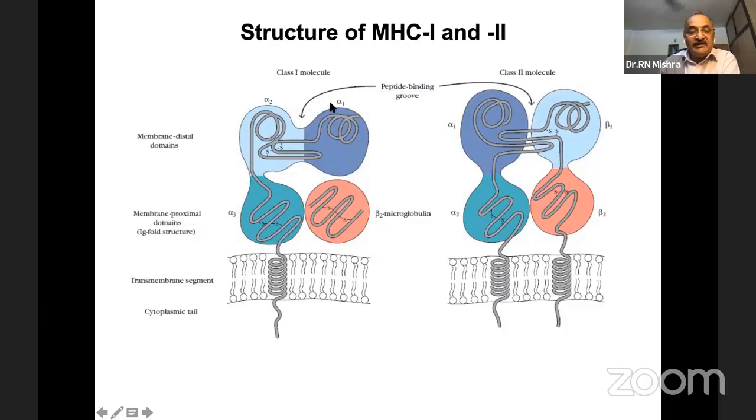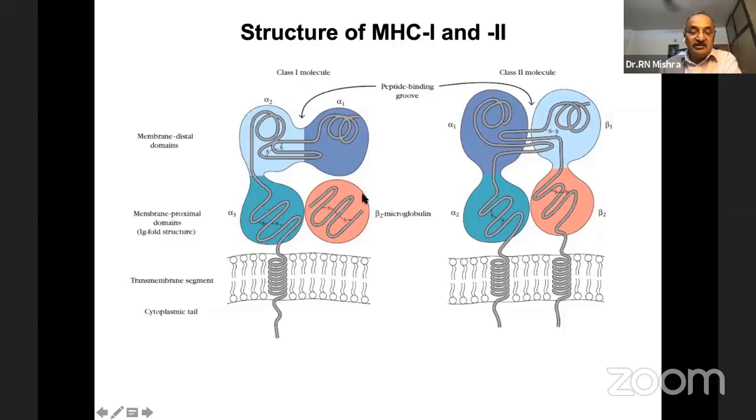As you can see, the peptides bind between alpha 1 and alpha 2 in the class 1 molecule, whereas in the class 2 molecule, it binds between the alpha 1 and beta 1 domain. Here it is alpha 1 and alpha 2 because there are no two chains. With this chain, there is a beta 2 microglobulin.